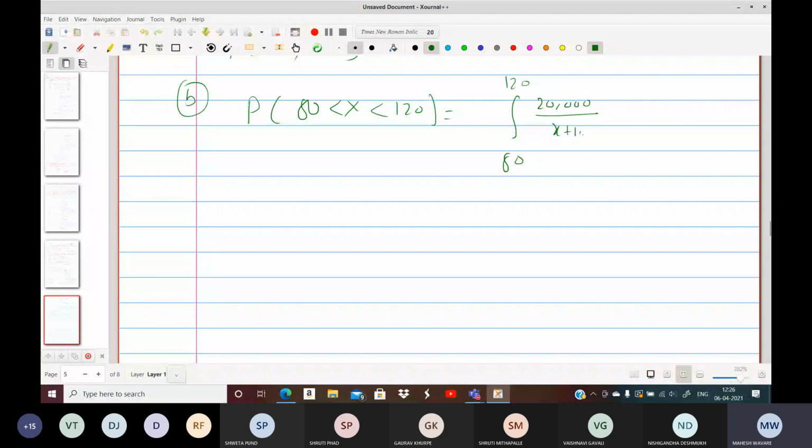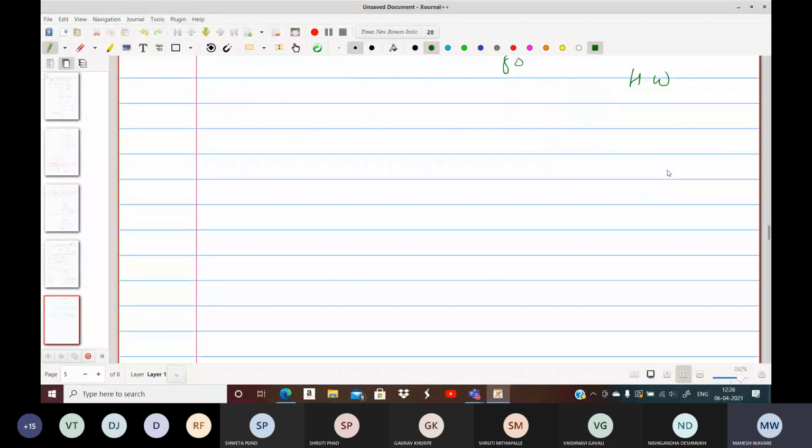Just do these calculations and try to solve similar type examples from the exercise. That is page number 54 of your textbook, 54, 55, and one example is on page 56.